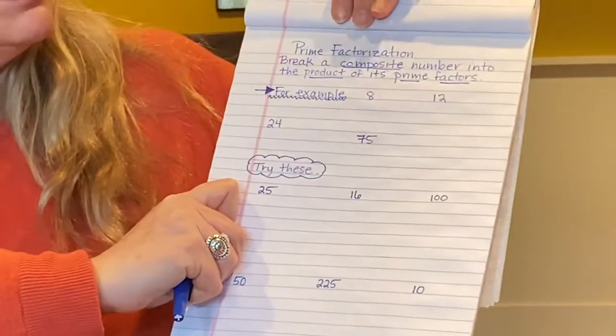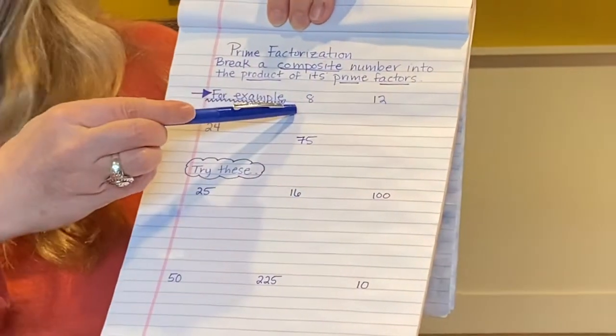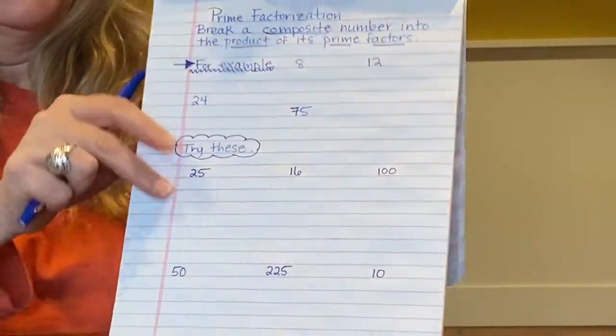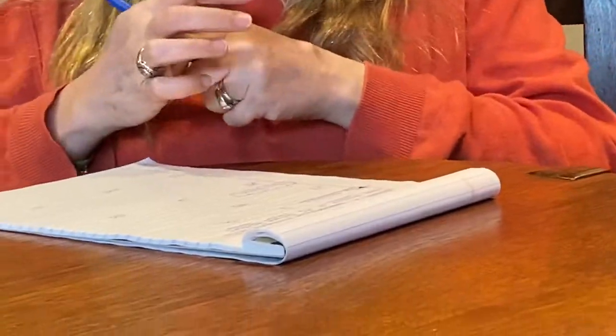For example, let's take 8. I'm going to do the prime factorization of 8.